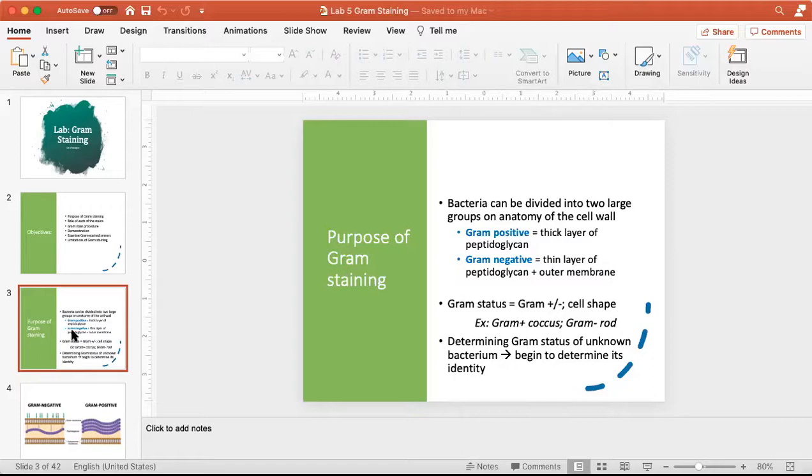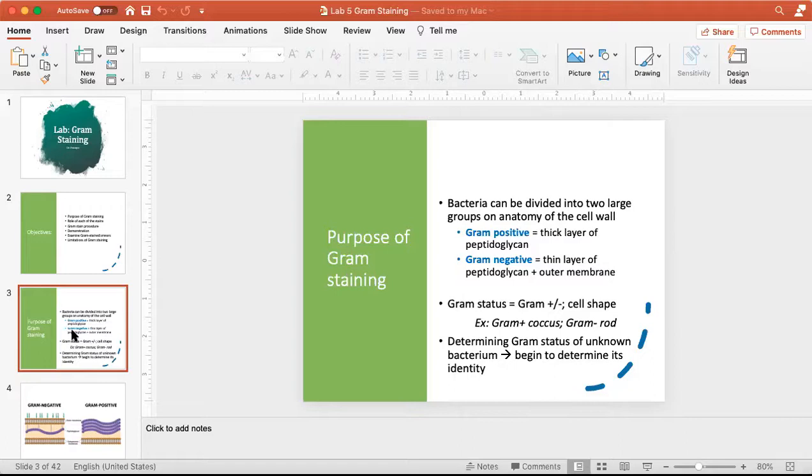Now, we often report our gram staining results when we're writing up a laboratory report. We report it as the gram status. So we will say, for example, that a particular bacteria that was found in, let's say, a urine culture has a gram status of gram positive coccus, for example, or perhaps gram negative rod.